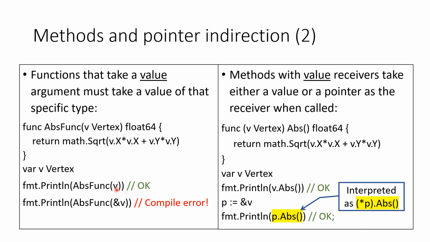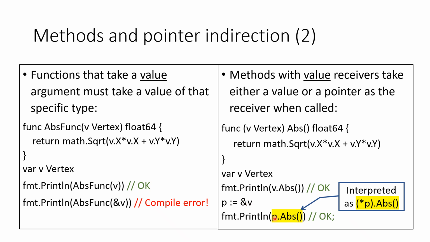is okay. But passing &v, which is a pointer, as argument to AbsFunc will result in a compile error. However, you can call the abs method on both the value v and the pointer to v, as in p.abs(), where a pointer p equals &v.